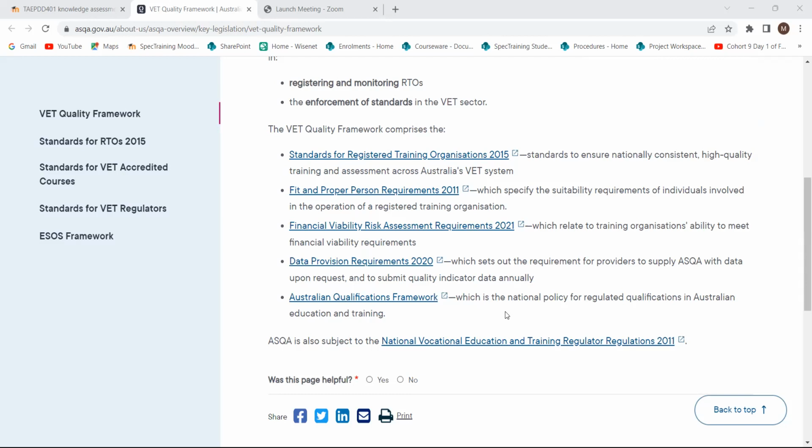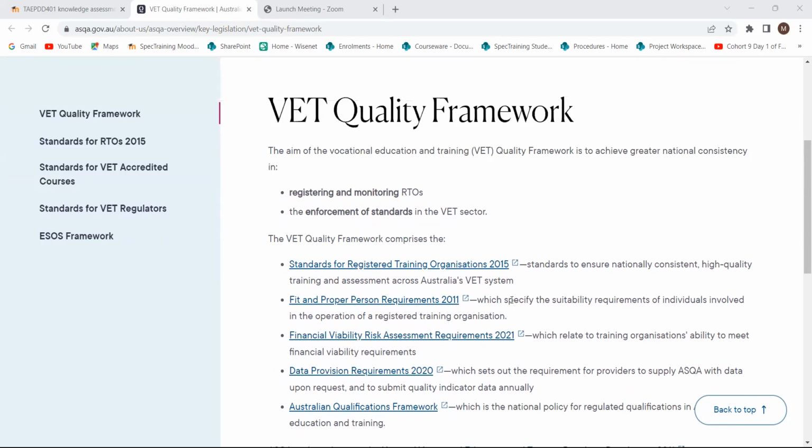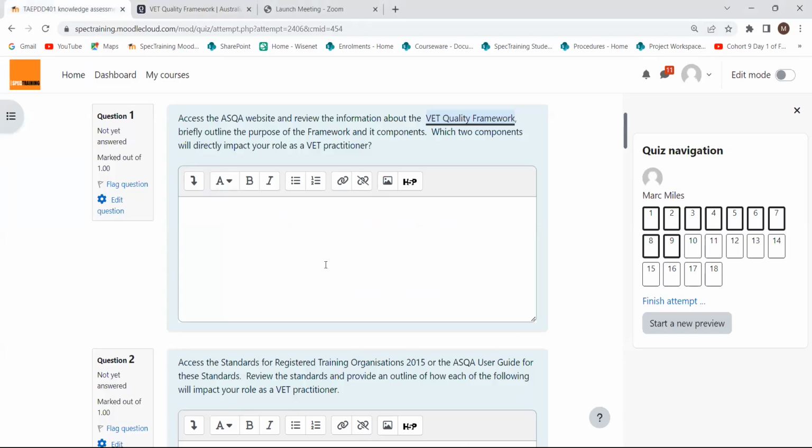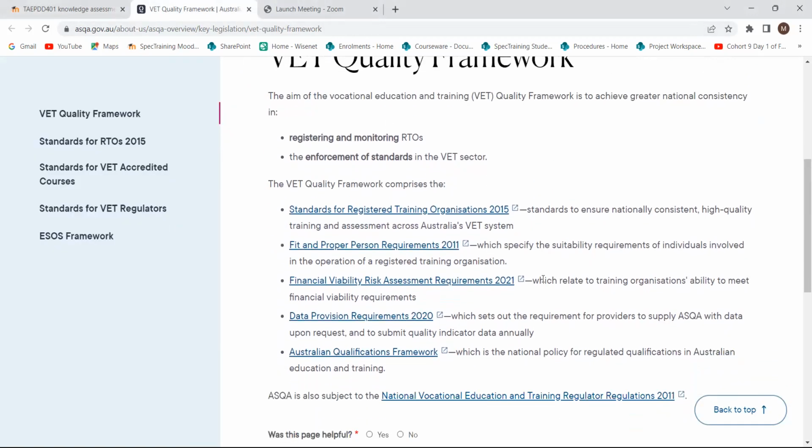Coming back to the second part of the question: which two components will directly impact your role as a VET practitioner? As you read through the list, two really stand out. Number one, the standards for RTOs 2015, which is definitely going to impact you as a trainer. The second is the AQF, the Australian Qualifications Framework.